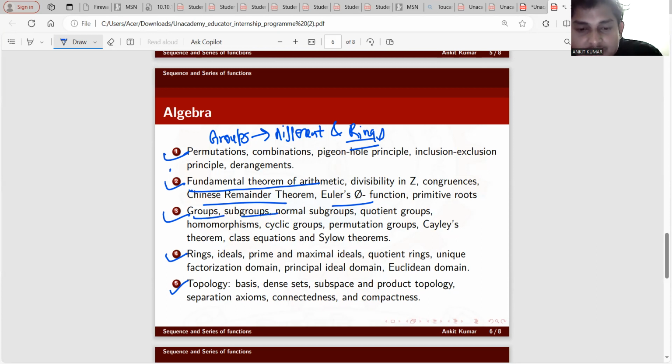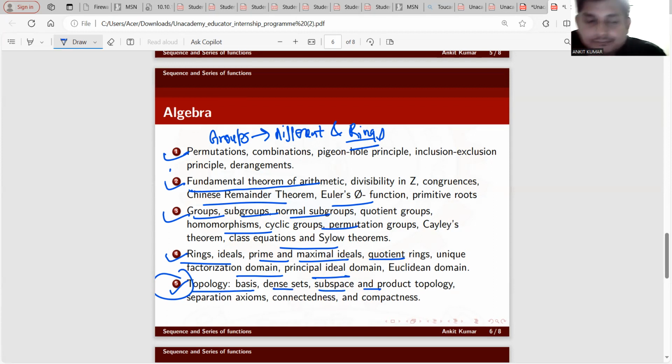Groups, subgroups, normal groups, cyclic groups, permutations, Lagrange's theorem, and many more. In the fourth part, I will cover rings, ideals, prime and maximal ideals, quotient rings, unique factorization domain. In the fifth part, there are some definitions of topology, basis, set, subset, limit, accumulation, limit point, and many more. I will cover this algebra part in 20 lectures.